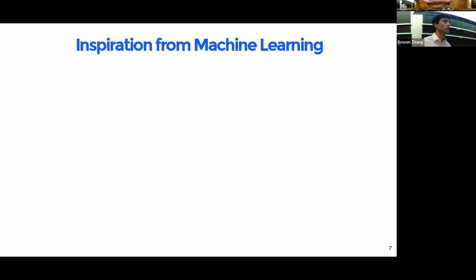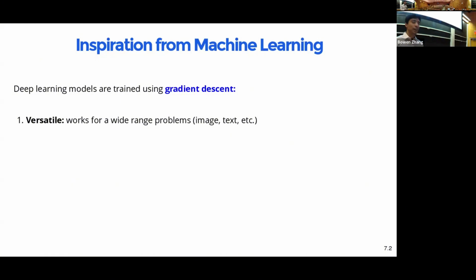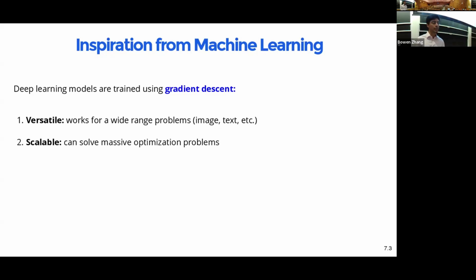And as it turns out, we took a lot of inspiration from a method used to solve optimization problems in machine learning. So in particular, basically every machine learning model today is trained using gradient descent. And this algorithm is super versatile. You can plug in basically any continuous optimization problem, and it works pretty well.